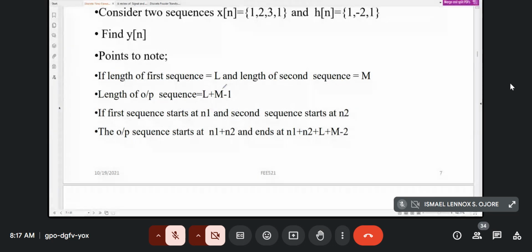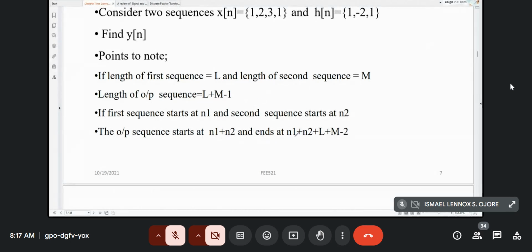Here we are saying the length of the output sequence, the length of y[n], will be L plus M minus 1. If the first sequence starts at N1 and the other starts at N2, the output sequence will start at N1 plus N2 and end at N1 plus N2 plus L plus M minus 2.